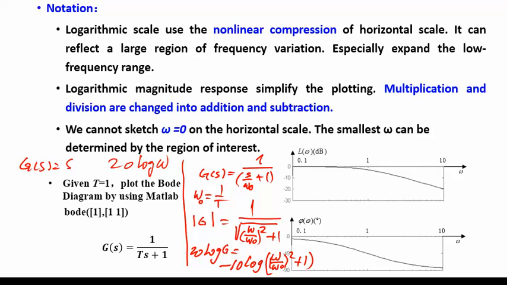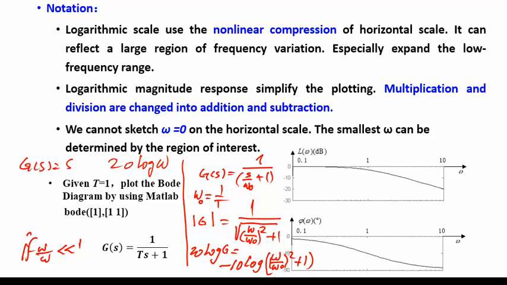The low frequency range is low compared with omega 0. For example, let omega 0 be 10 and omega be 0.1, so this is small, right? So if omega over omega 0 is less than 1, what does the approximation become?